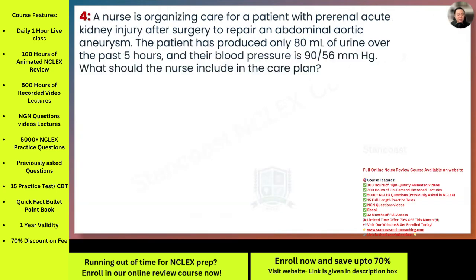4. A nurse is organizing care for a patient with pre-renal acute kidney injury after surgery to repair an abdominal aortic aneurysm. The patient has produced only 80 mL of urine over the past 5 hours, and their blood pressure is 90/56. What should the nurse include in the care plan?